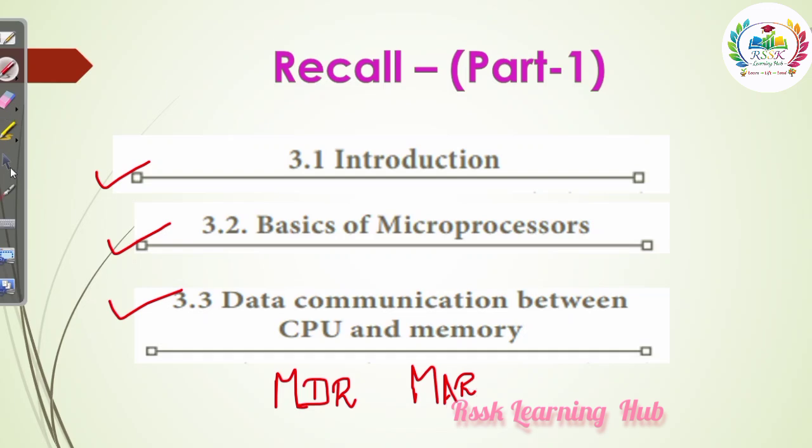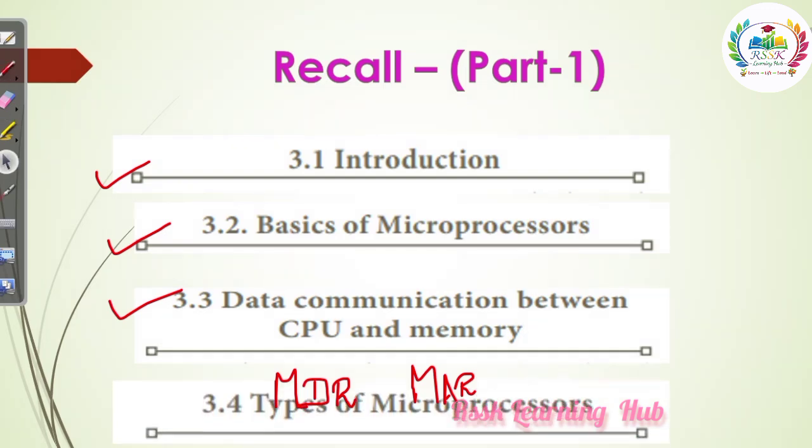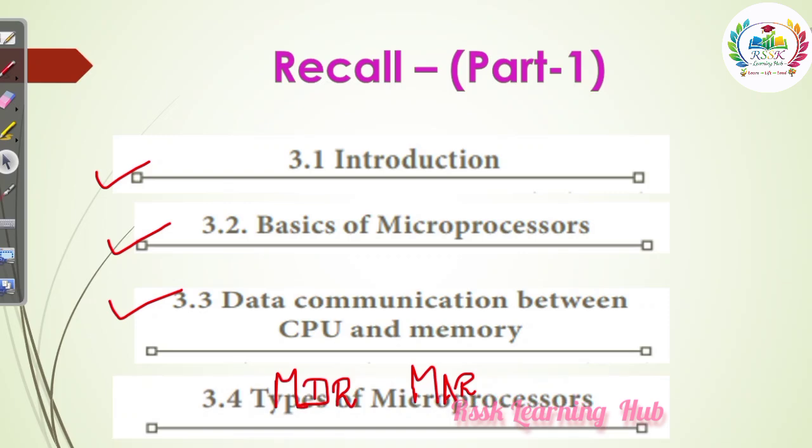So what are the types of microprocessor we saw? Depending on the data width, we can classify microprocessors as 8-bit, 16-bit, 32-bit, and 64-bit.